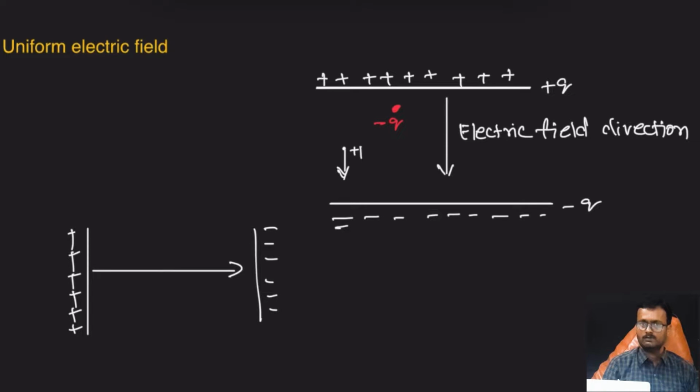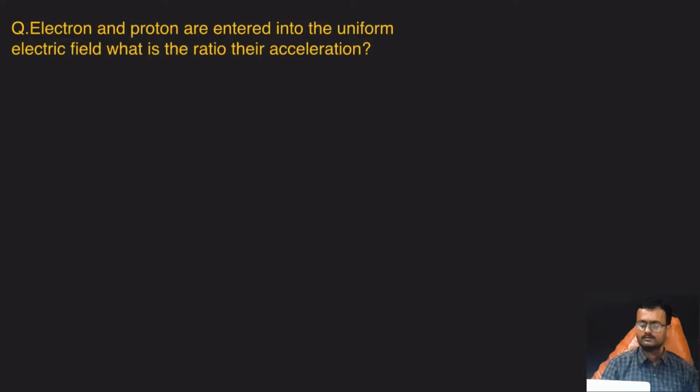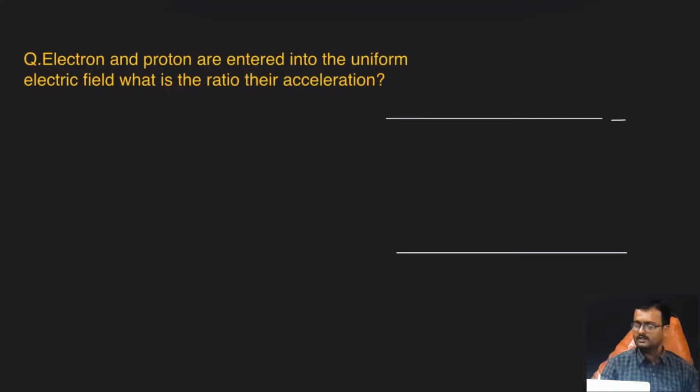Let's solve some problems. The body which is affected by uniform electric field. Electron and proton are entered into the uniform electric field. What is the ratio of their accelerations? Suppose this is positive plate and this is negative plate. Suppose this is the electron and this is the proton.